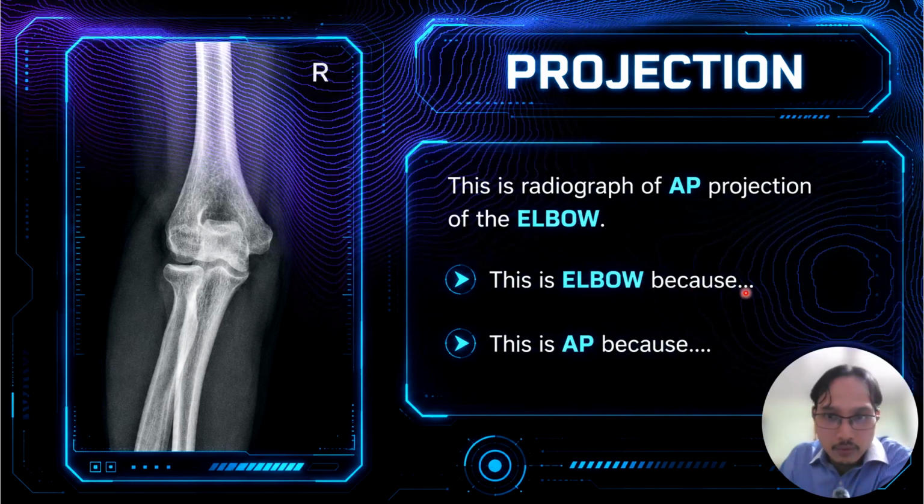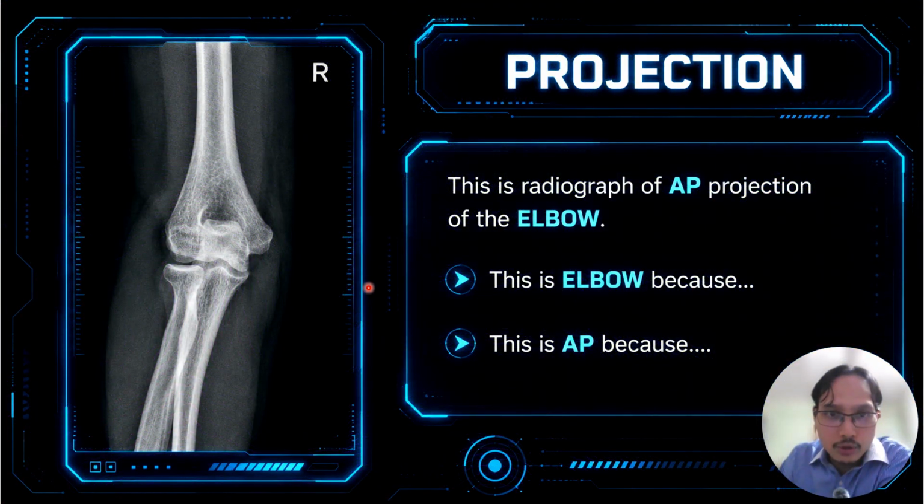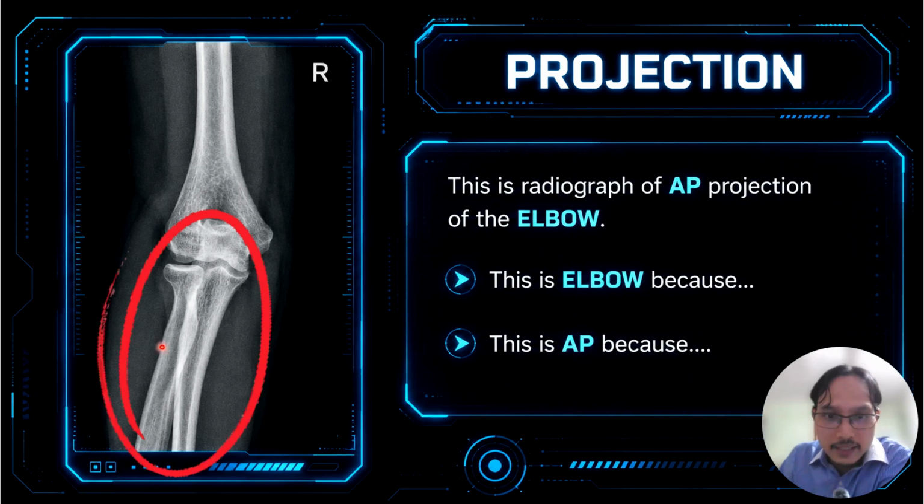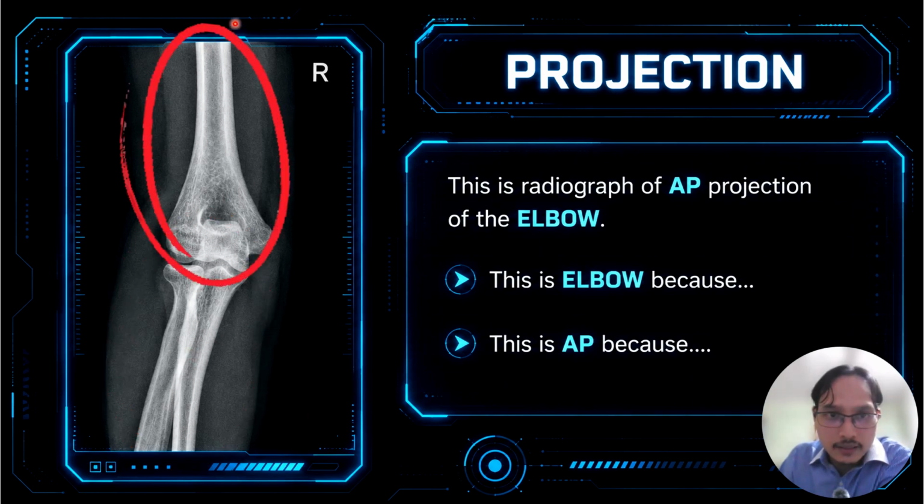This is elbow because the elbow joint is at the center of collimation and includes 1/4 proximal radius ulna and distal humerus.